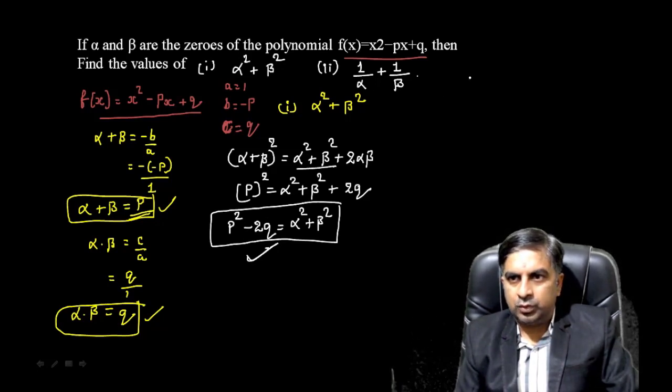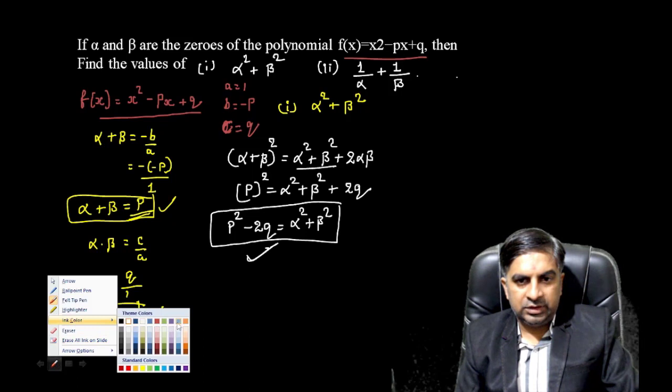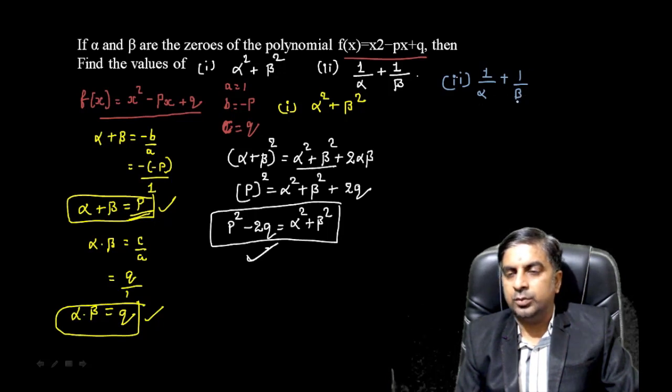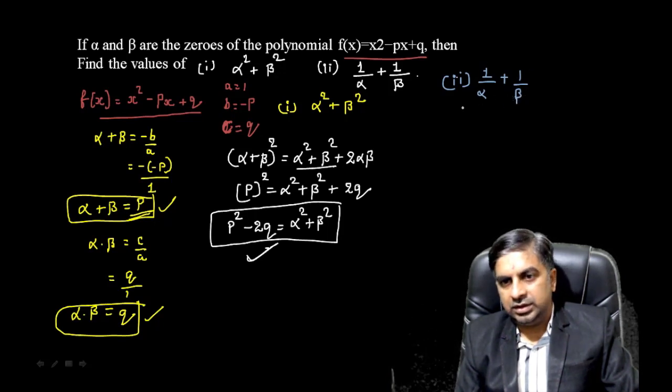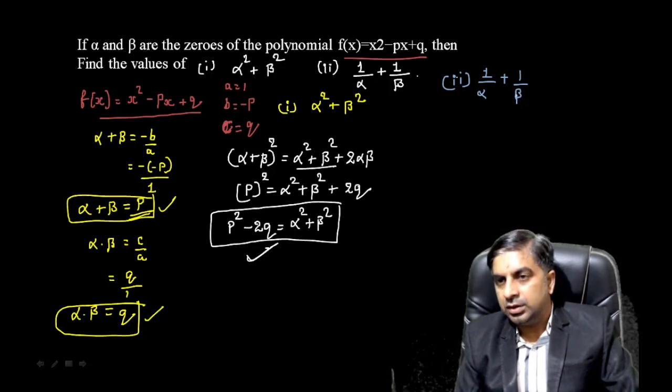Okay, now the second one, let me use another color again. Light blue will be okay. Second question, guys. Now you need 1 upon alpha plus 1 upon beta. Now you can see here also we have this. How can we use it? First we need to find the LCM here.